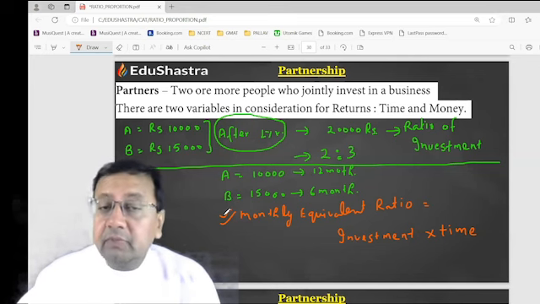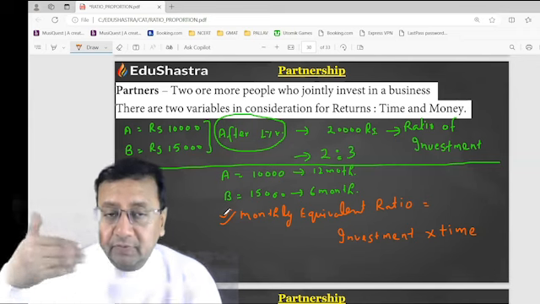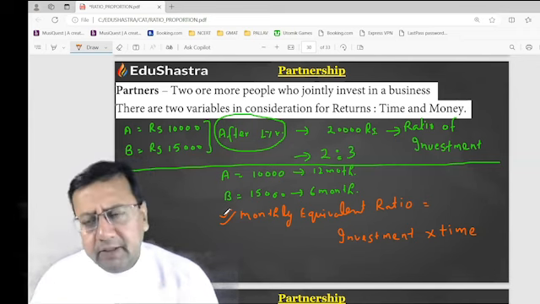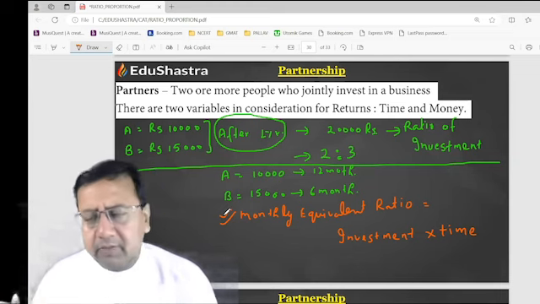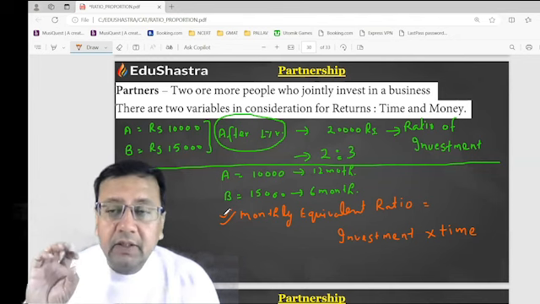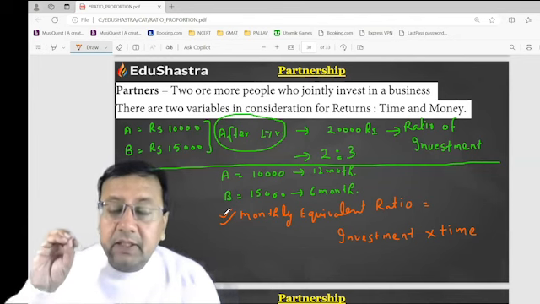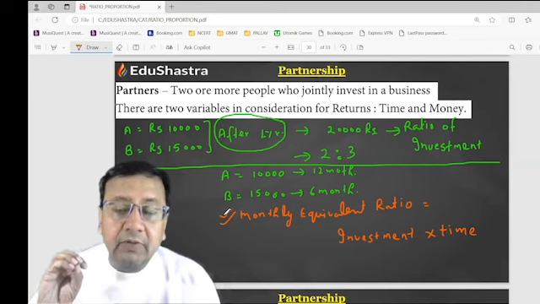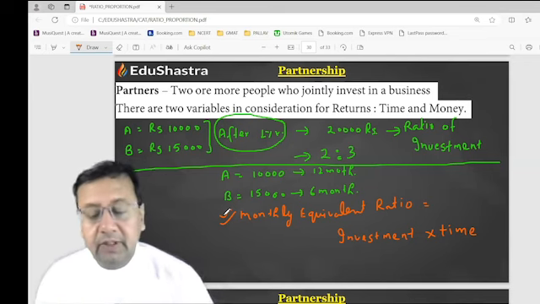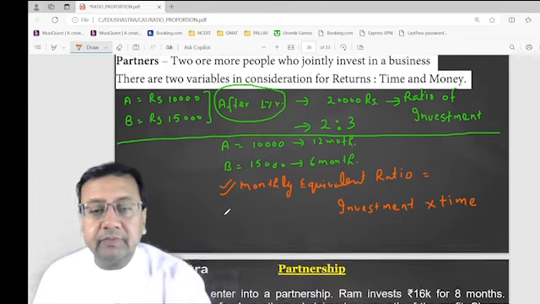So this is what partnership is. If the time is same or if the time is different. Money same or money different doesn't matter because that is not a very prominent factor to calculate the investment. Particularly the time is a prominent factor to calculate the investment and the profit share. Right? Okay.